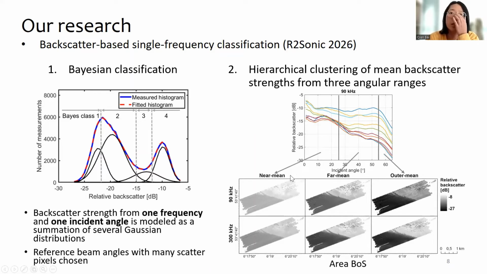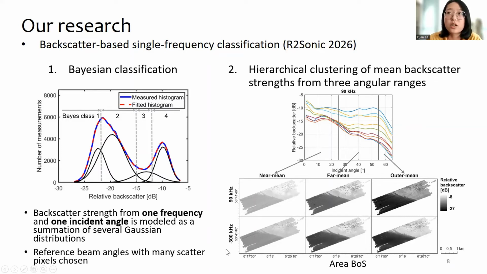We plot their mean backscatter values and finally do a hierarchical clustering per frequency to compare with the Bayes classification method. I present the frequencies of 90 and 300 kilohertz only.